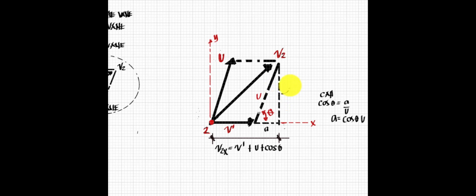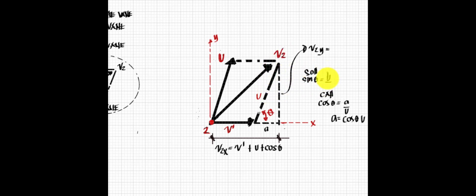which is this side. So we have velocity V2 y component is equal now to, so the value here on this side, we can use the sine. So we have the sine of theta, which is equal to the opposite. So our opposite will be your u divided by the hypotenuse.